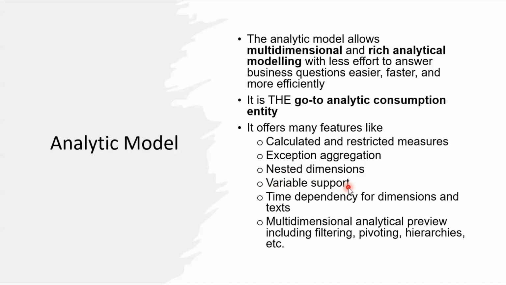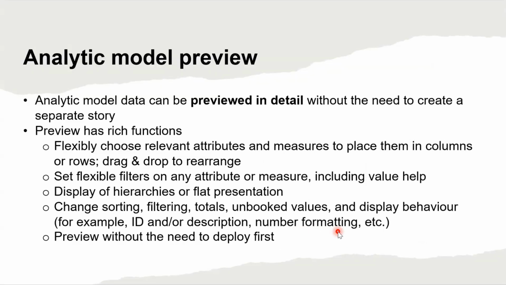Then we have variable support. There are multiple variable supports in the analytic model, and then we have time dependency for dimensions and text, and multi-dimensional analytical preview including filtering, pivoting, and hierarchies, etc. We will cover all this during the demo session.